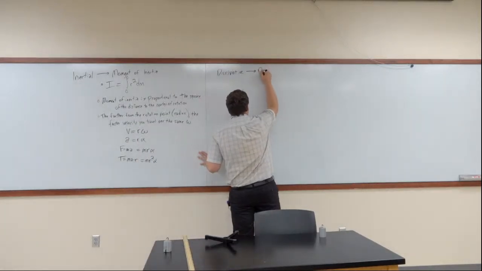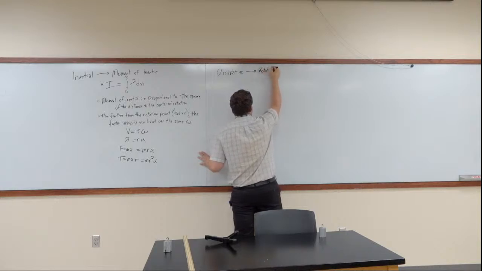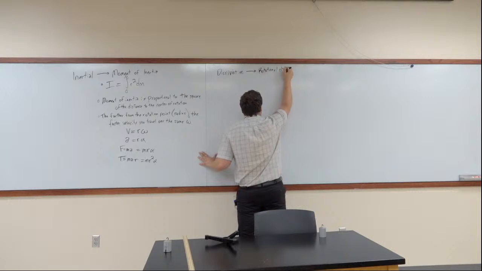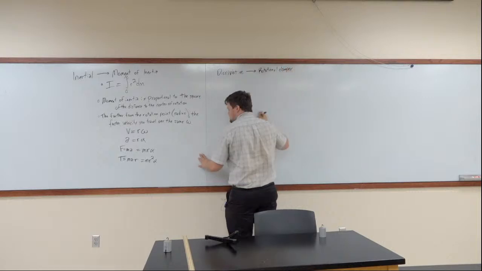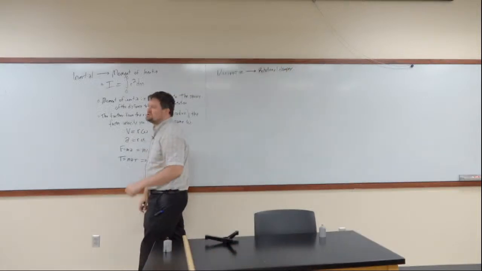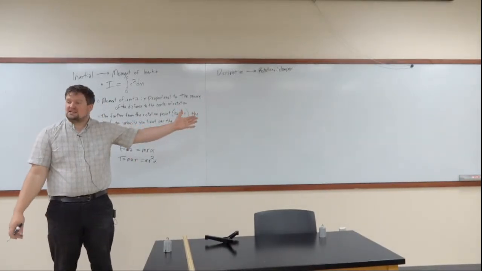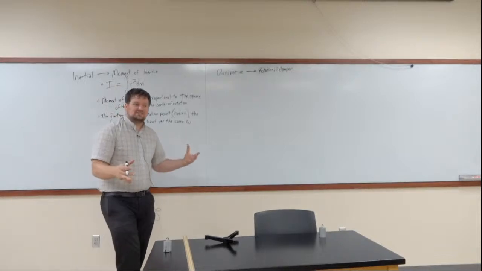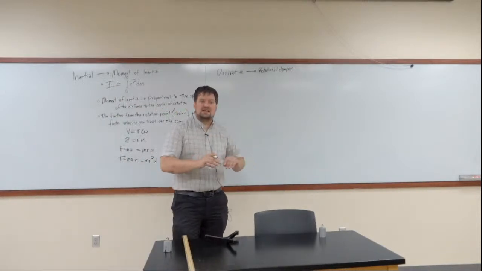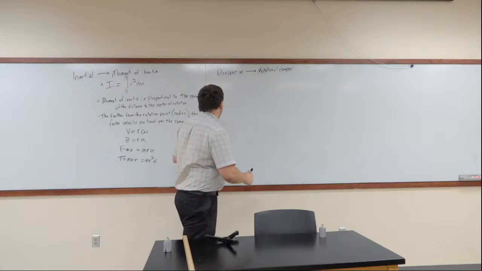Okay? What did the damper do? It took energy that was in the system and it released it in the form of heat through friction. What a rotational damper does is it does the same thing. It takes energy in the system, it converts it into heat, it releases it out of the system.